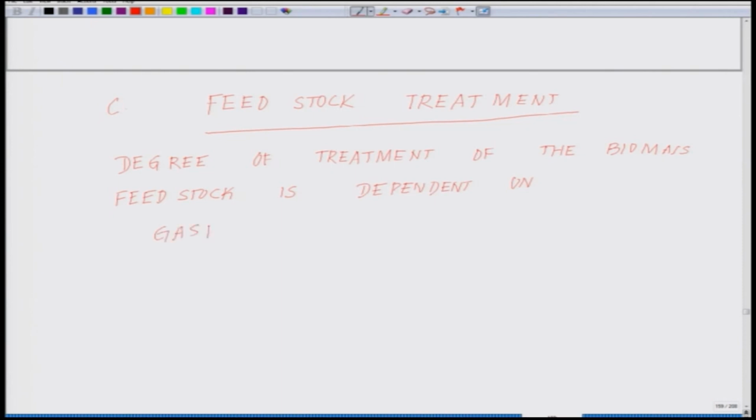Okay. So, this comes with some critical issues. What we will be doing? We will enumerate the key problem areas or critical parameters for feedstock treatment.